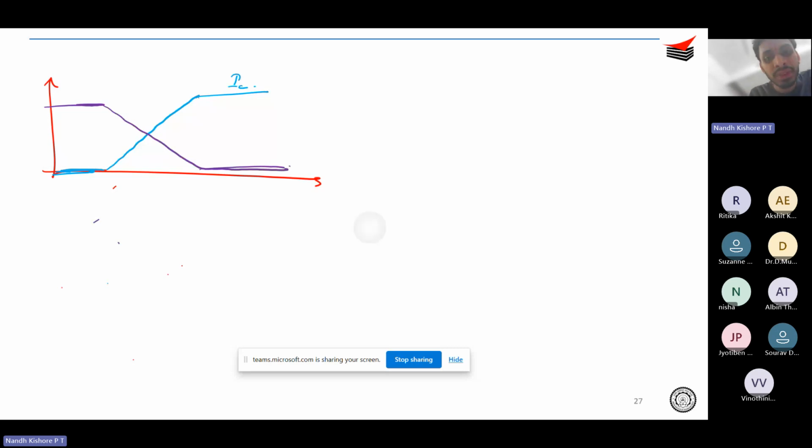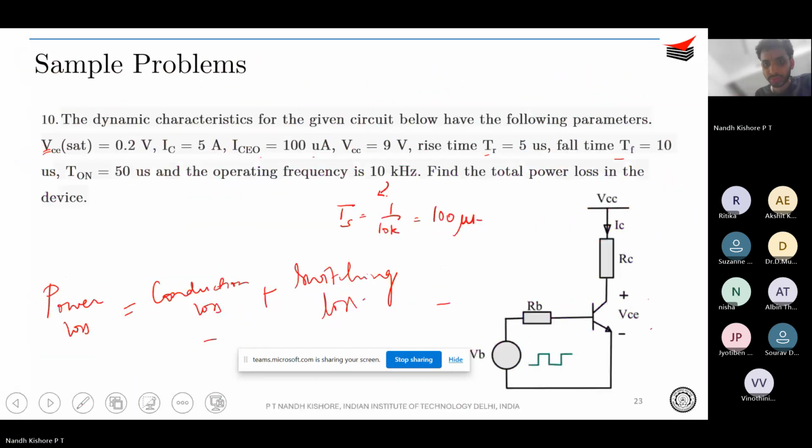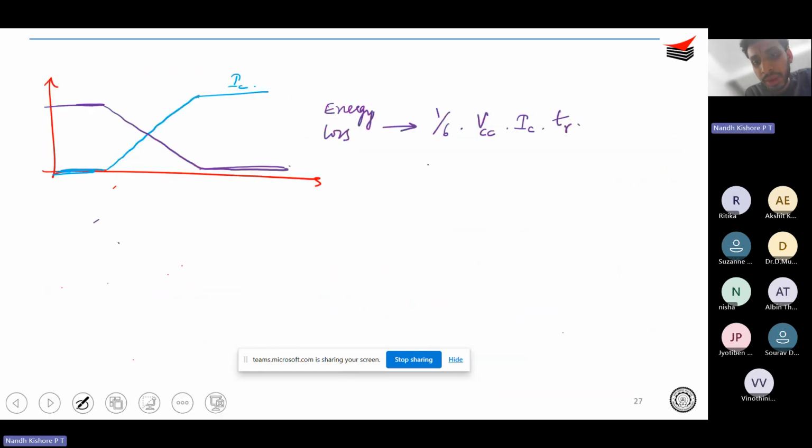So then the instantaneous energy loss during your on time, or during your rise time, is going to be 1 by 6 into VCC into IC into TR. Similarly, during TF, it is going to be 1 by 6 into VCC into IC into TF, right?